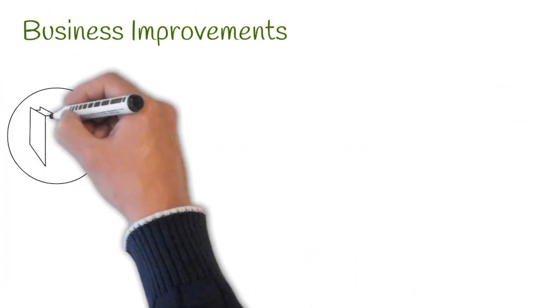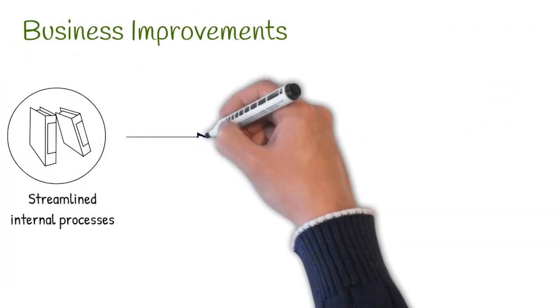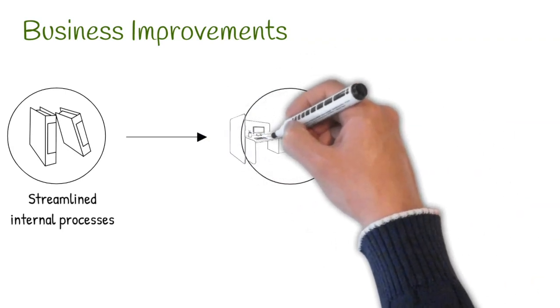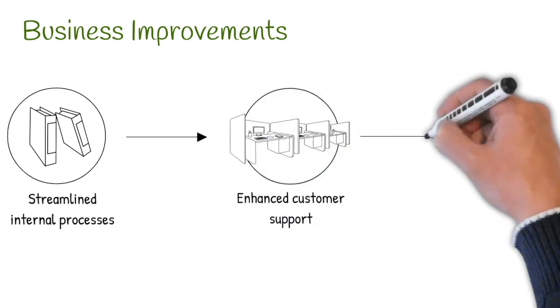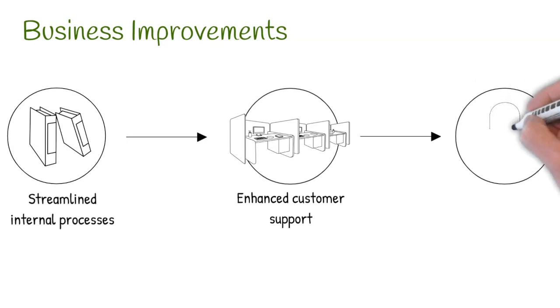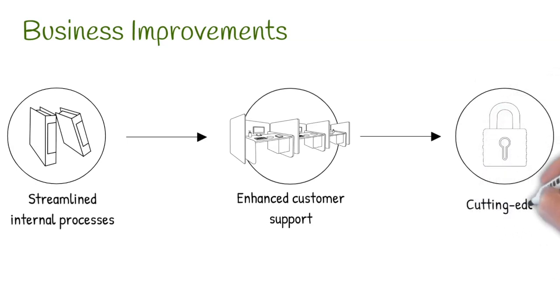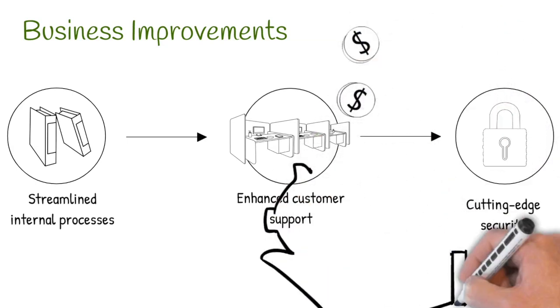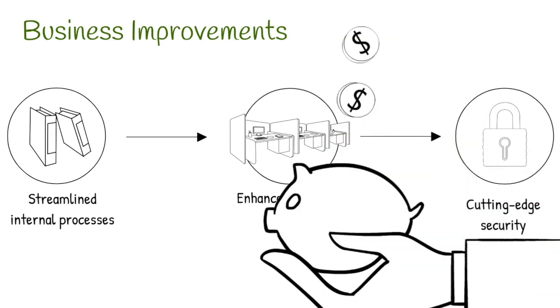We made a number of improvements, small and large, across the business, including streamlined internal processes, enhanced customer support with a 24/7 help desk, and implemented cutting-edge cybersecurity measures. As a result, we reduced operational costs by 30%, increased customer satisfaction by 20%, and ensured data integrity and customer trust.